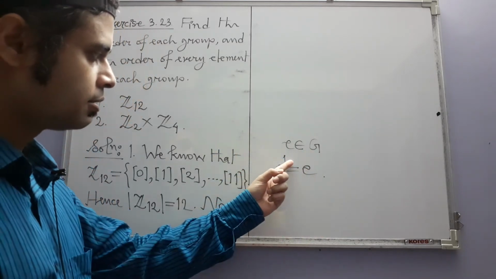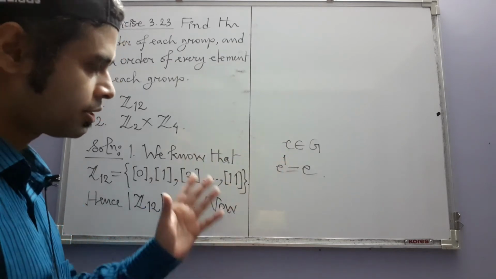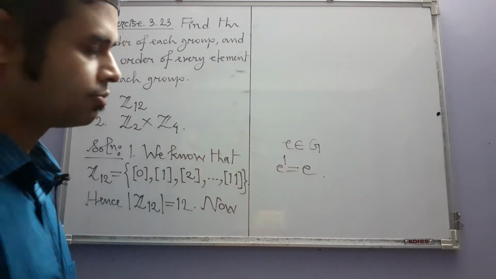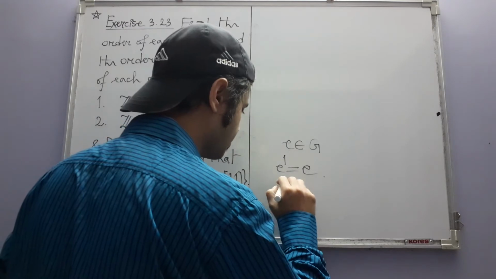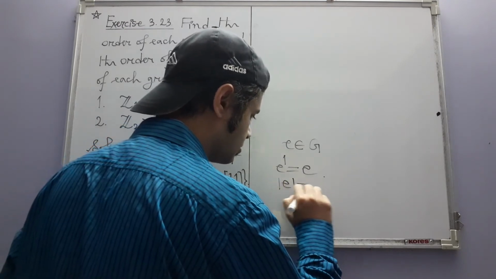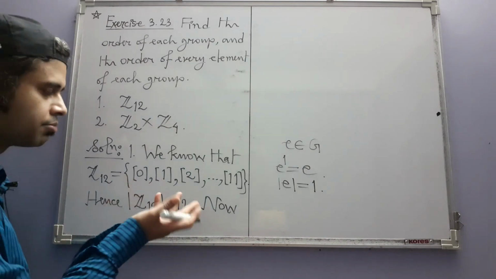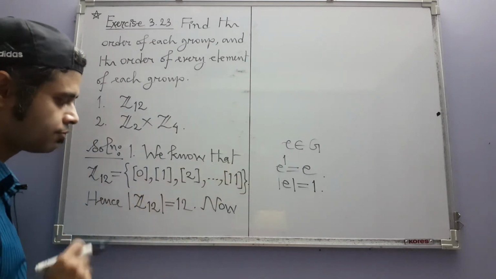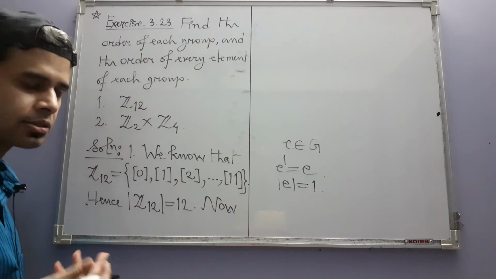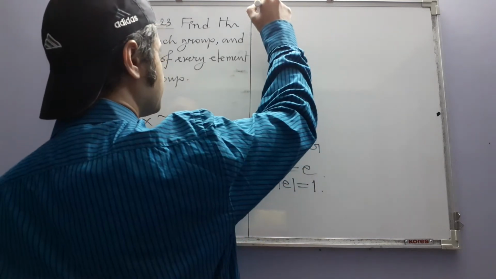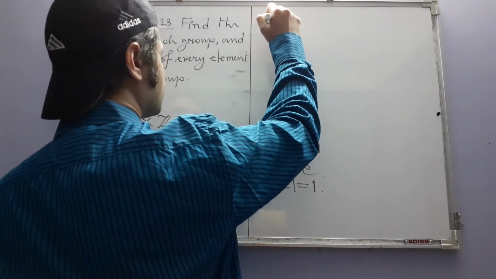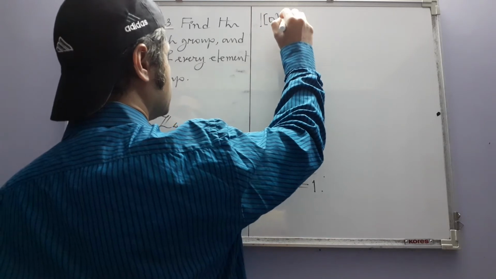So this is in fact the smallest positive integer itself. That is why the order of E is 1. In particular, here, the order of this zero congruence class is 1. So we write like this.